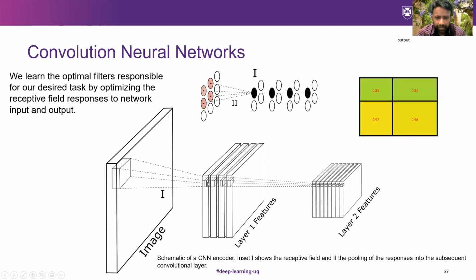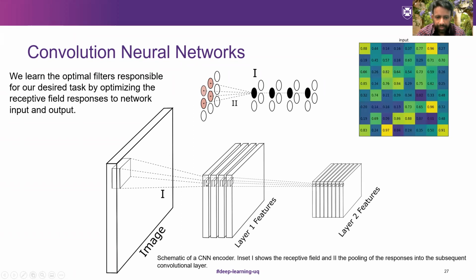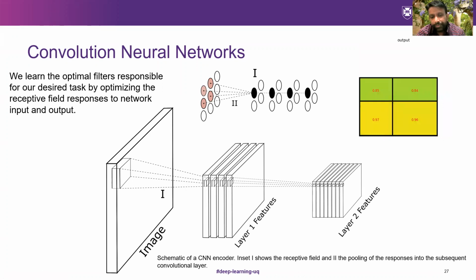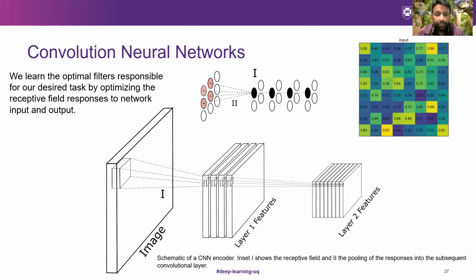And notice that I've got a number of feature maps here. So I have to decide how many filters I'm going to learn, which end up being the number of feature maps that I want. And that's a parameter of the neural network. So the more of these layers there are, the deeper the network is.